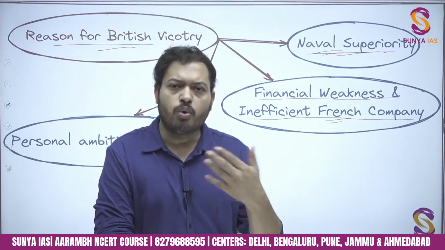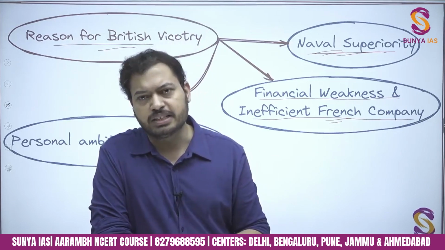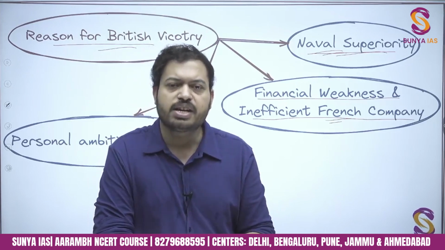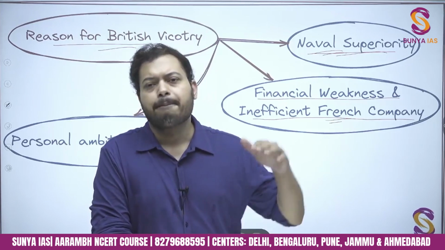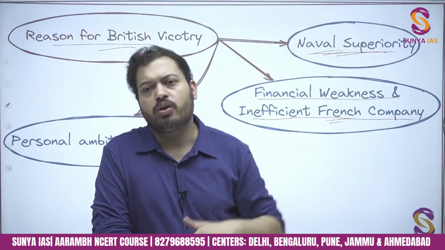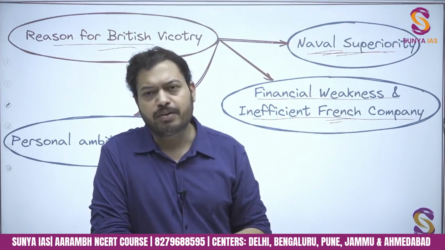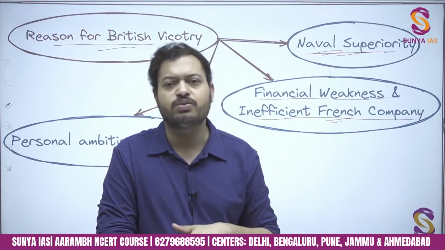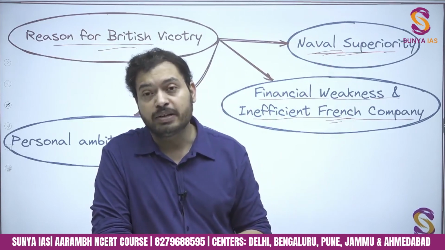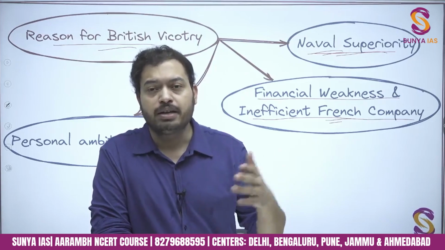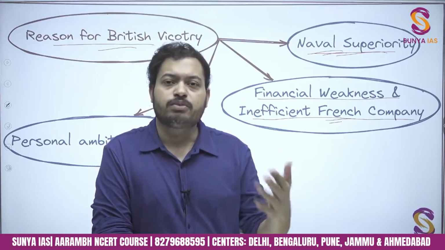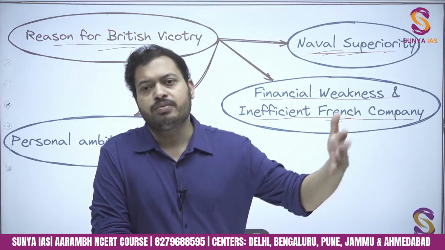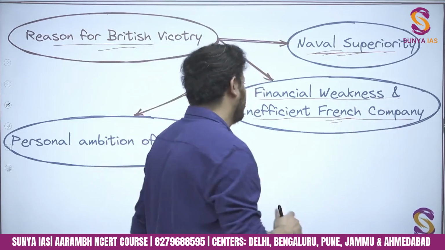Because it was owned by a government organization. The French East India Company was a French government-owned organization. It was not a private body like the British East India Company. So it was inefficient, and the French government was not as determined in the investment and overall development of this company. That also was one of the reasons.